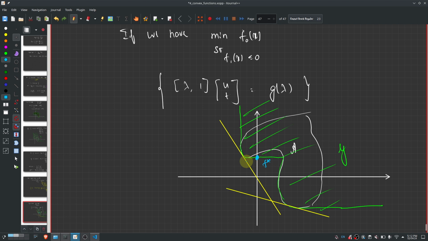Are you sure? So this is just a straight line equation, right? So for a given lambda, you have some number, g of lambda is some number, correct? And the equation for the tangent is lambda u plus t equal to g of lambda, right? This is just the set of all (u, t) satisfying lambda u plus t equal to g of lambda.